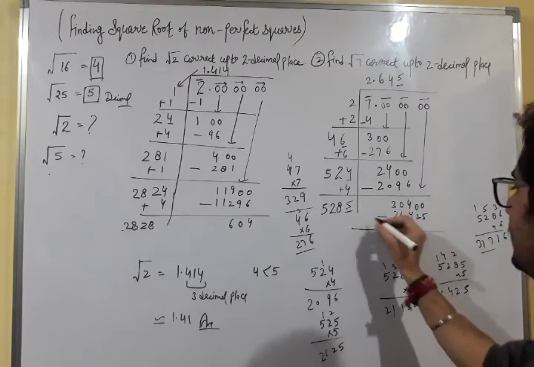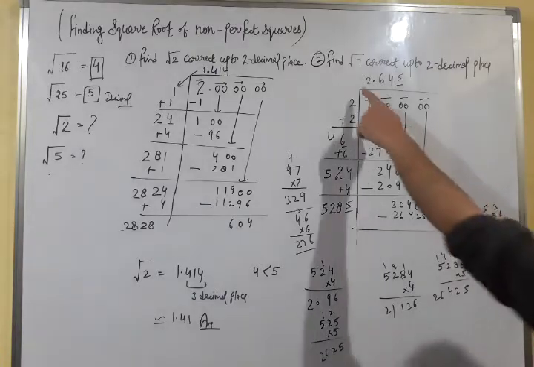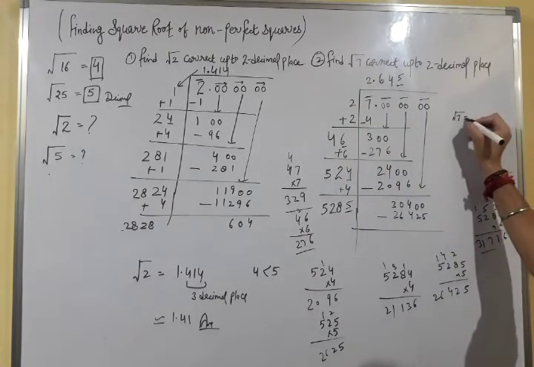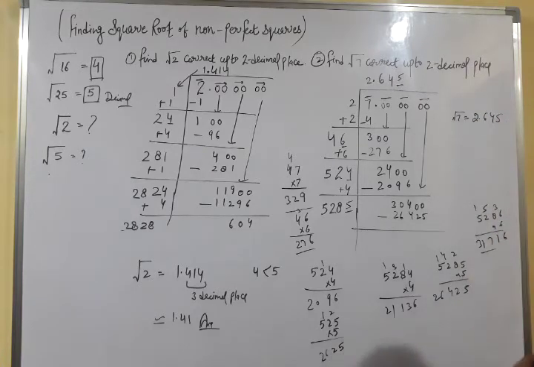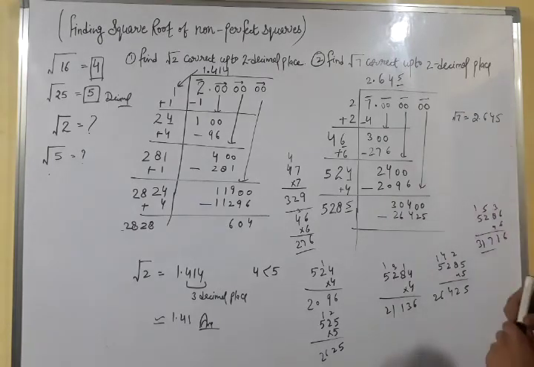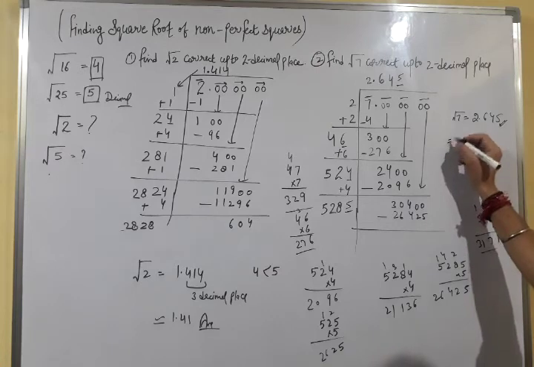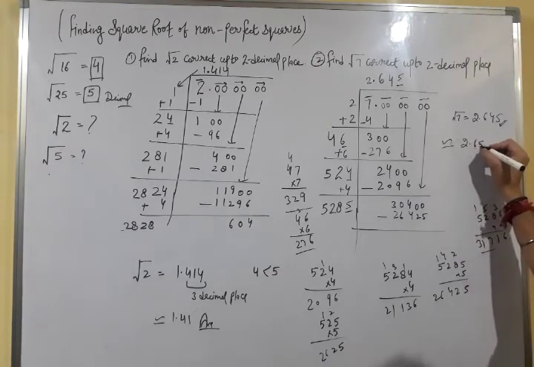Now here we will stop our process because we have square root 7 equals 2.645. We have to find the answer correct up to 2 decimal places, and for that we have one more place to round off. So it will be approximately equal to 2.65.